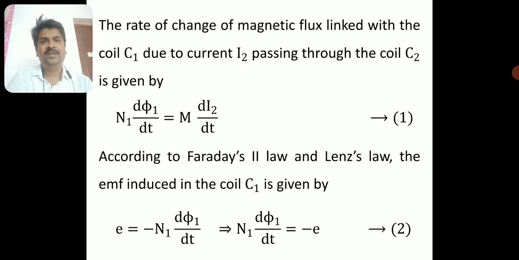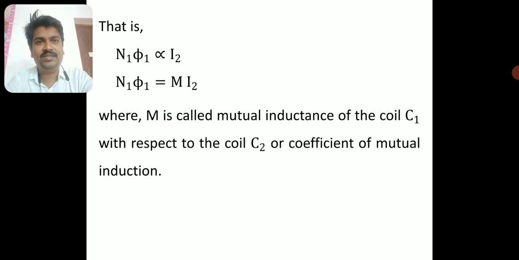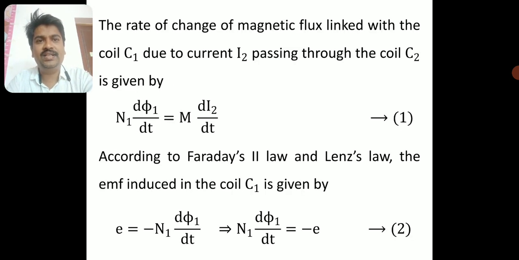Next, I am looking for the rate of change of magnetic flux linked with the coil C1, due to the current I2 passing in the coil C2. To see that, I need to differentiate this equation. Look at this equation: N1 phi 1 is equal to M I2. I am differentiating that equation with respect to time.